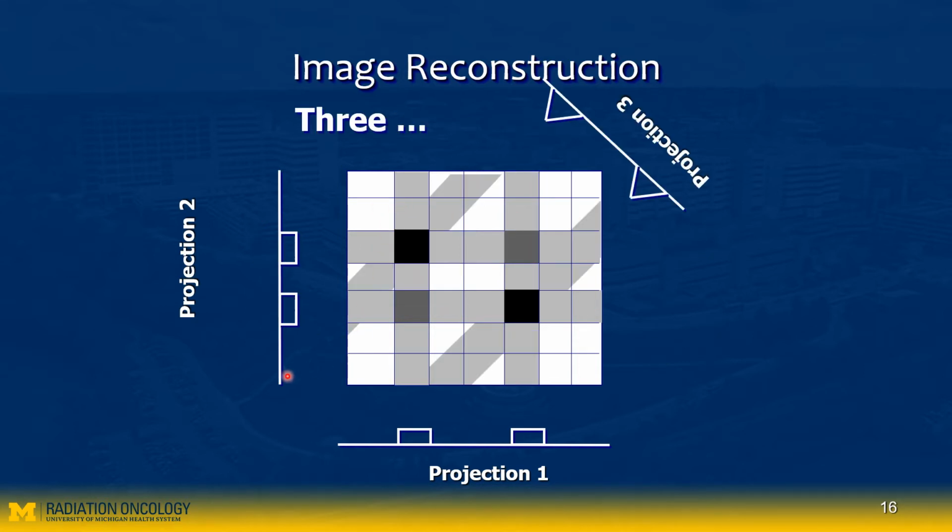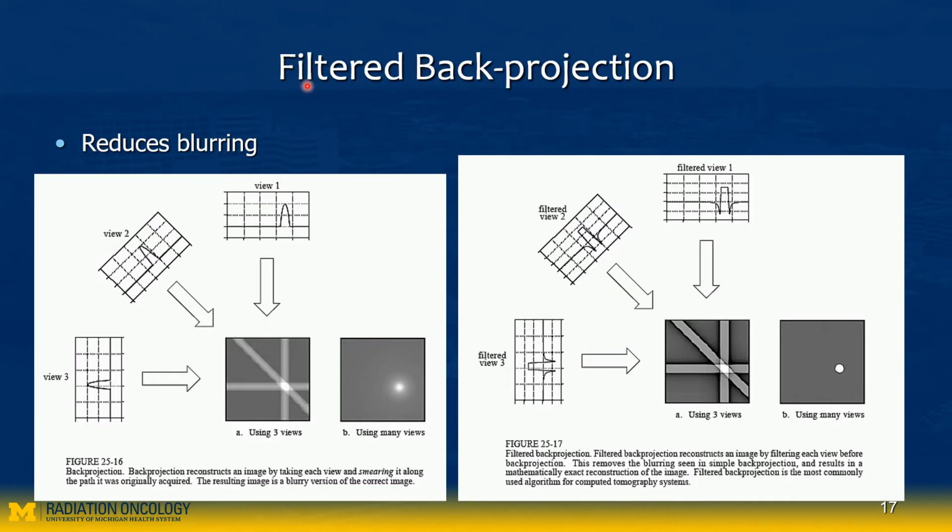This time the projection is coming from this angle, and the detector on the opposite side will detect something along this path, and something along this path. So now you can tell that as we add more projections, the chances of detecting the actual object get higher and higher. I want to introduce the concept of filtered back projection.